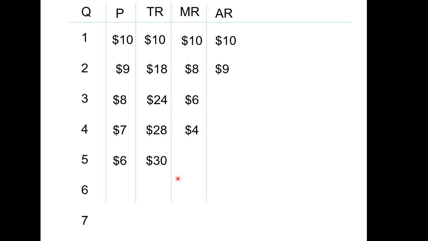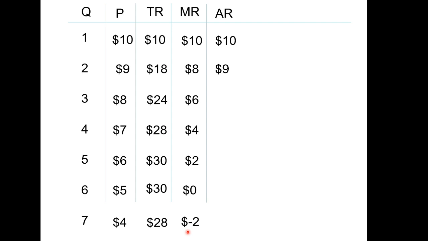All right, then at $5, total revenue is 30. Marginal revenue is 2. At $5, marginal revenue is 2, total revenue is 30. At $4, marginal revenue is 0. Okay, so we have an MR of 0 at 6 units. And if I go to 7, we're going to have a marginal revenue of negative $2.